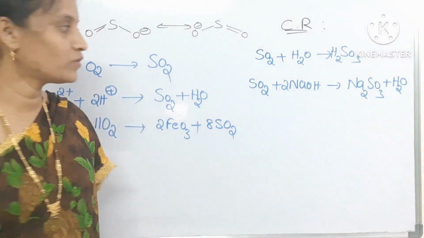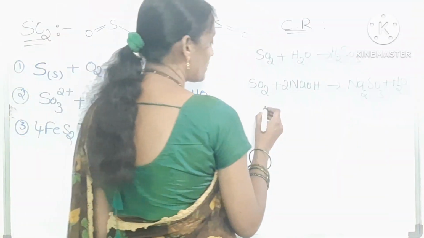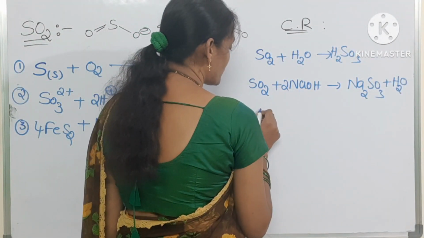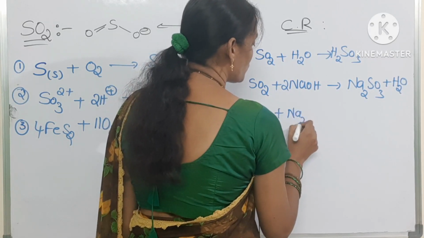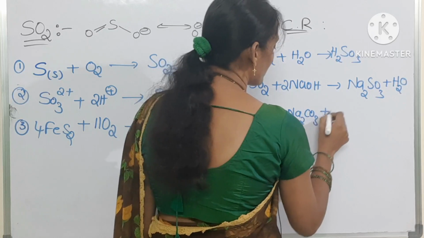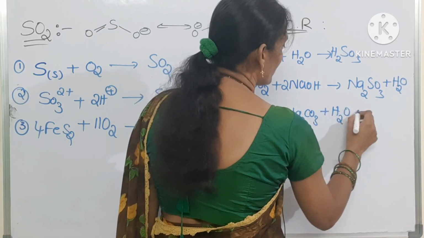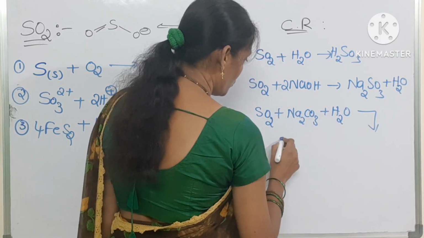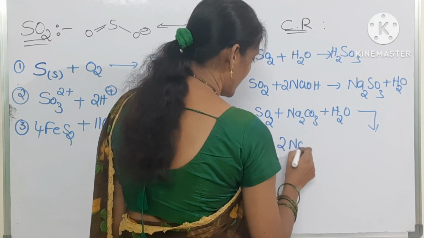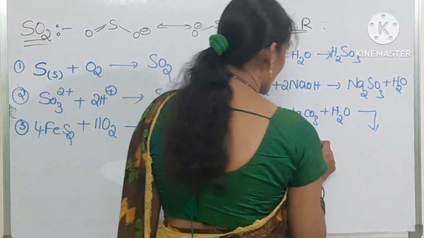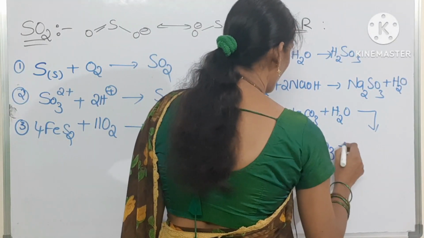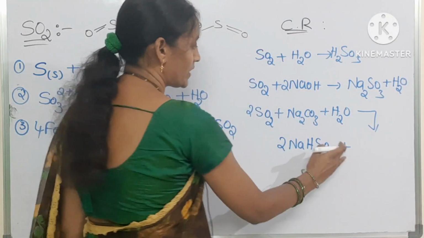Sodium sulfite will form. This sodium sulfite again reacts with excess SO2 plus H2O, and gives you 2 moles of NaHSO3, sodium bisulfite, that's it.